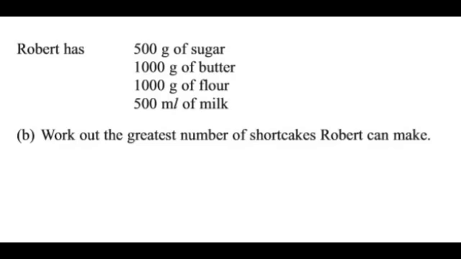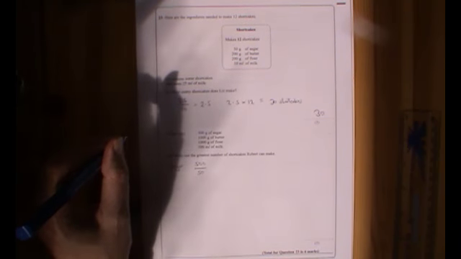Robert has 500 grams of sugar, 1,000 grams of butter, 1,000 grams of flour, and 500 millilitres of milk. Work out the greatest number of shortcakes Robert can make. So let's take each ingredient in turn. So we'll start with sugar. We've got 500 grams of sugar, and we need 50 grams for each time we make the recipe.